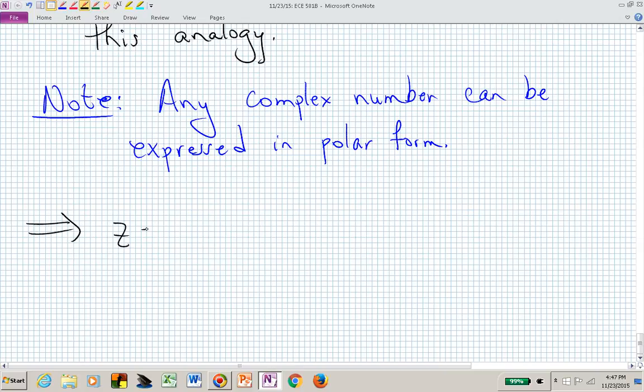Meaning, if I start with a complex number, now I'm going to just play some tricks with algebra. The complex number is equal to z, but I can always multiply a number by 1 and not change it. And the 1 that I'm going to use is the length of that complex number, or its modulus, divided by its modulus. So I'm just multiplying z by 1.